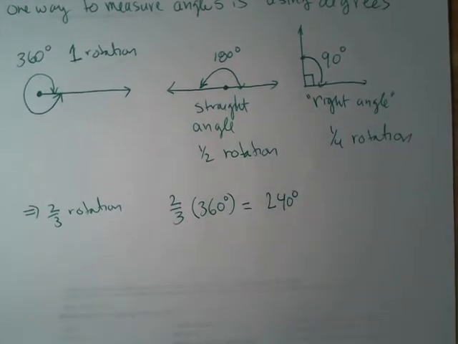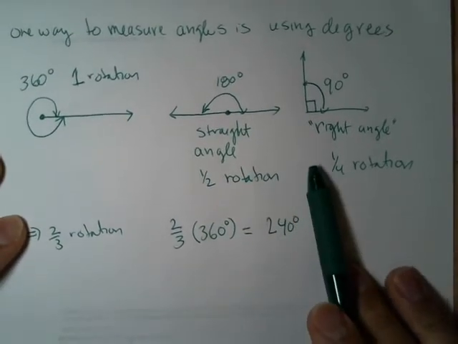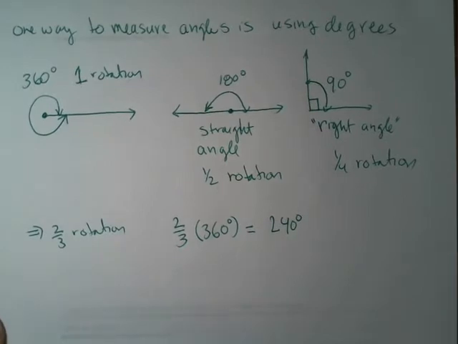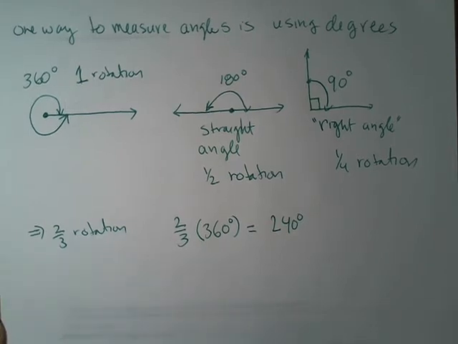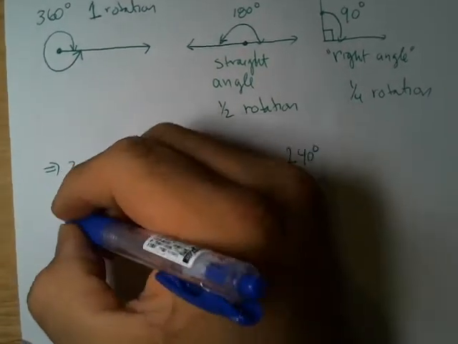All right, so we have our special types of angles here. We're going to introduce some more ways to describe angles, besides one rotation, a straight angle, or a right angle. Another type of angle is called an acute angle.